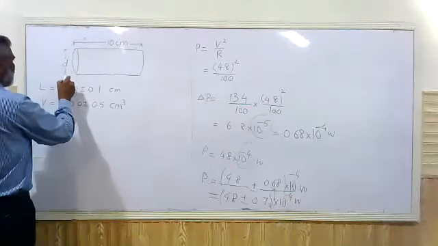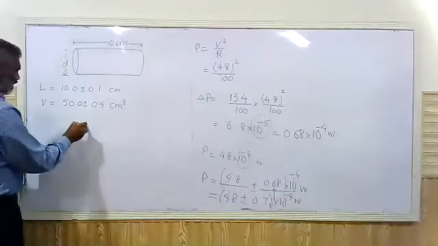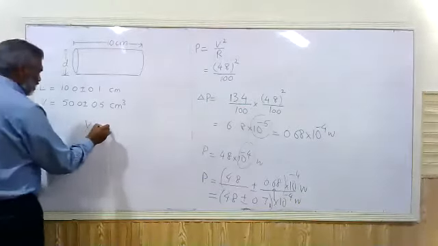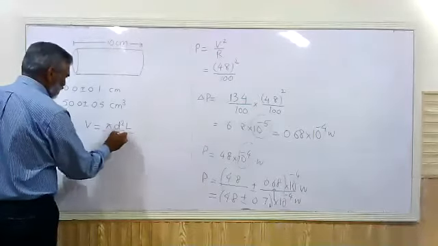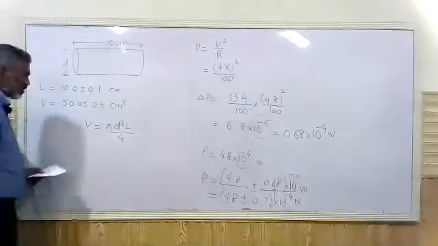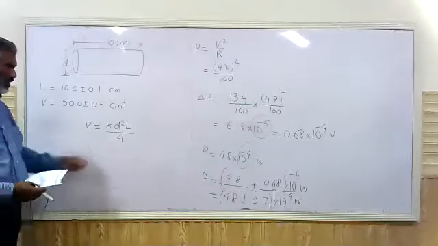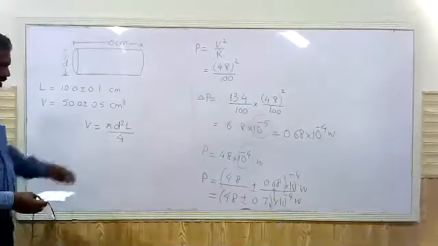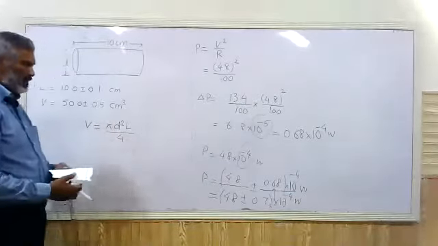And the relationship which relates the diameter and the length to the volume is pi d square L over 4. This is a familiar formula. You have been learning and using this formula for many years since the early classes.